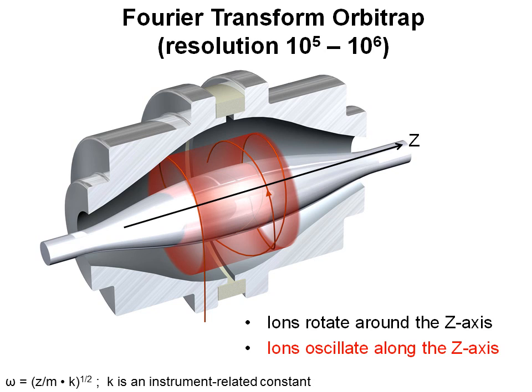The frequency that you get is related to the charge-to-mass ratio according to the equation at the bottom left. There's an instrument-related constant which is connected to the dimensions of the Orbitrap. Otherwise, the relation is fairly simple, as the frequency is just equal to the square root of z divided by m.